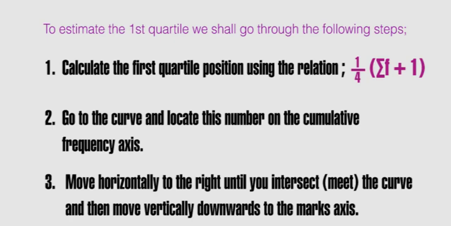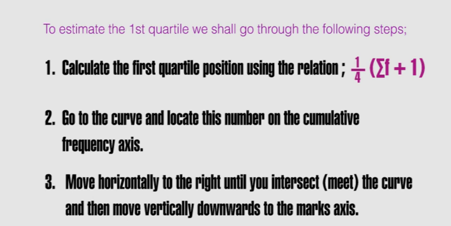Good. Then, the second step, you need to go to the curve and locate this number on the cumulative frequency axis. The third step, move horizontally to the right until you intersect the curve, and then move vertically downwards to the mark axis.